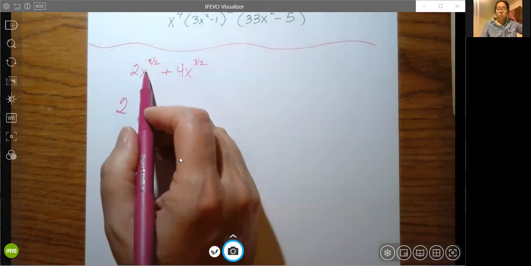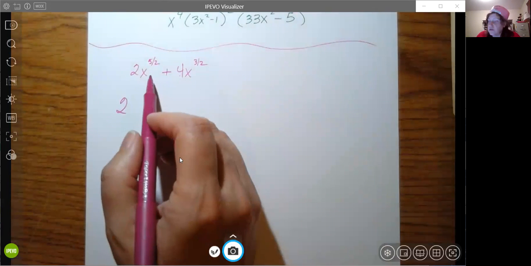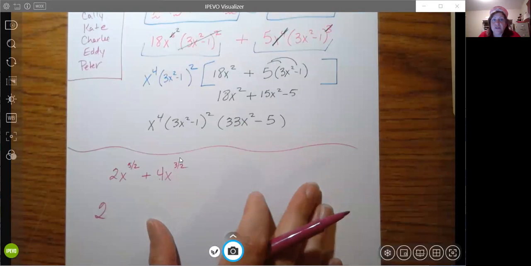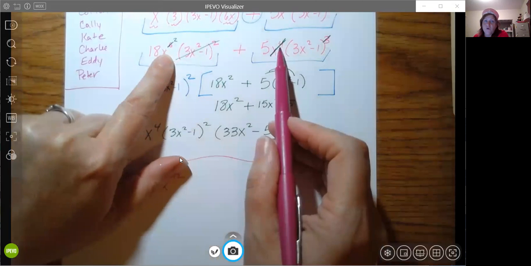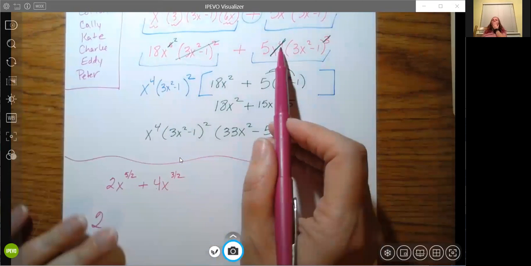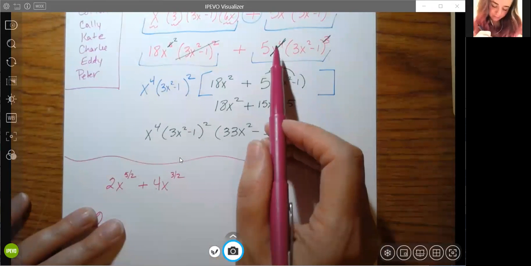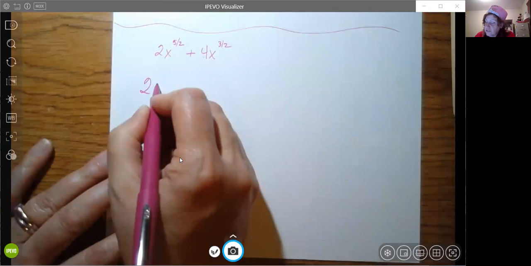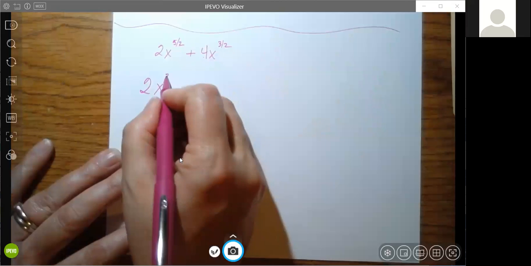But there is a common x factor here, and we can take out the greatest common factor. So again, when we had a power of 6 and a power of 4, we took out the smaller of the 2. The smaller exponent is what you can take out. So when you look at those two, what's smaller, 5 halves or 3 halves? 3 halves. Pull out.